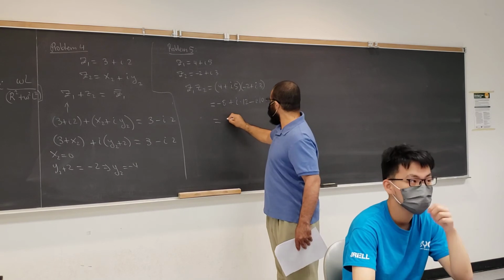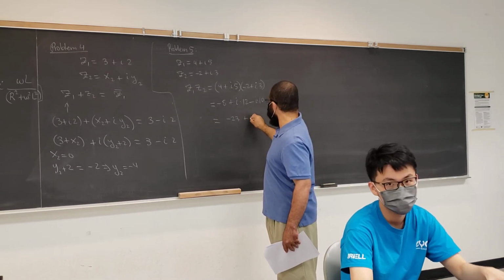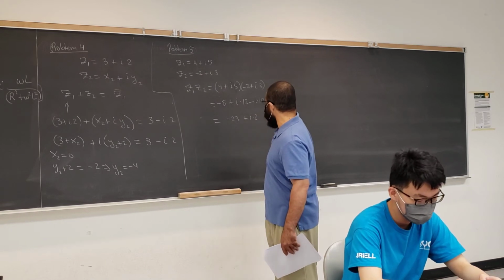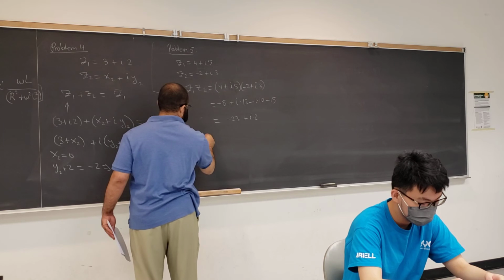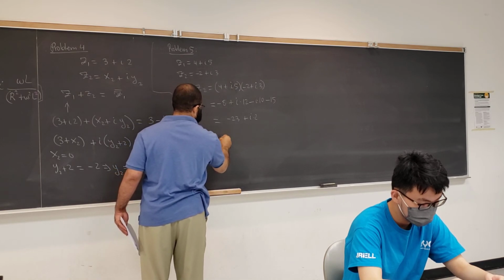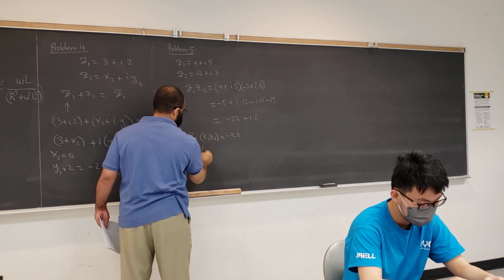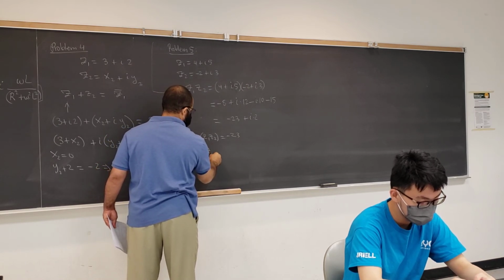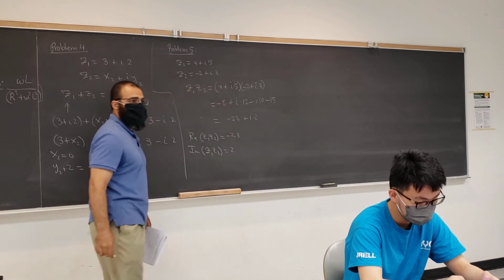So you got minus 23, and then plus 2i. So the real part of Z1 times Z2 is minus 23, and the imaginary part of this product is just 2, right?